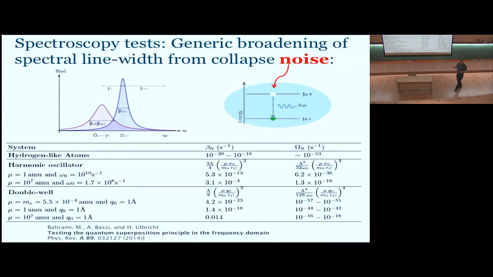So our noise would do exactly the same. What you predict is that the original emission function, the PSD, or however you want to call it, the spectral function, would be shifted and broadened. Those are the two fundamental effects you can expect.